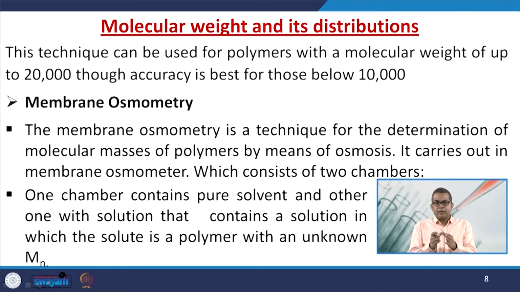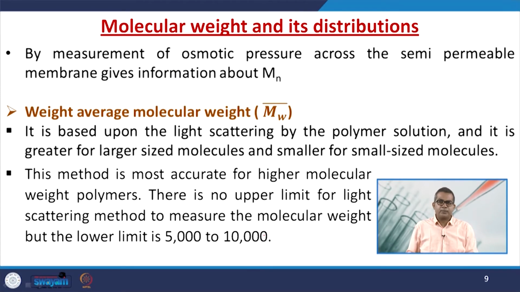Sometimes you may need to form the solution with different solvents, like hexane or other hydrocarbon solvents, for different dilutions. By measuring the osmotic pressure across the semi-permeable membrane, we get the number average molecular weight.